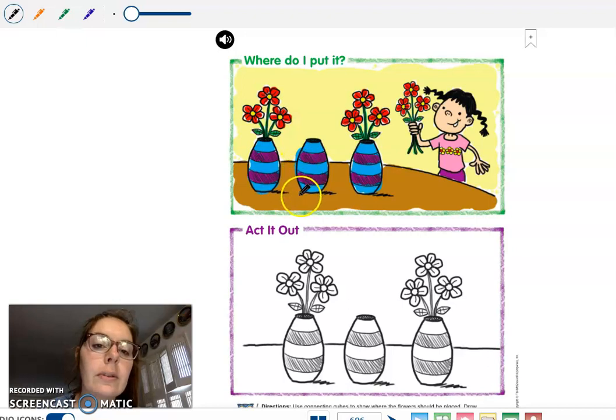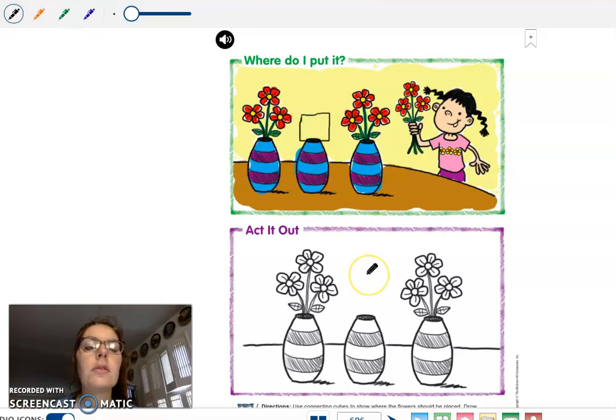Or do you think she would put them in the vase with no flowers? I think that she would put them in the vase with no flowers. So I'm going to draw a little square just to remind me that that is where she's going to put her flowers. Okay? It is next to this flower pot and next to, or beside, this flower pot.